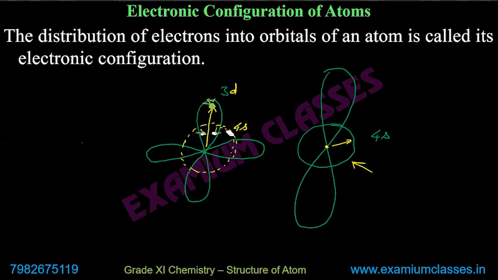So these two electrons will actually reduce the force of attraction by the nucleus to the 3d electron. So it is called the shielding effect. If we have only one 4s electron, not two, then the shielding effect will decrease. One electron will have less shielding effect. And that's what we are discussing here.